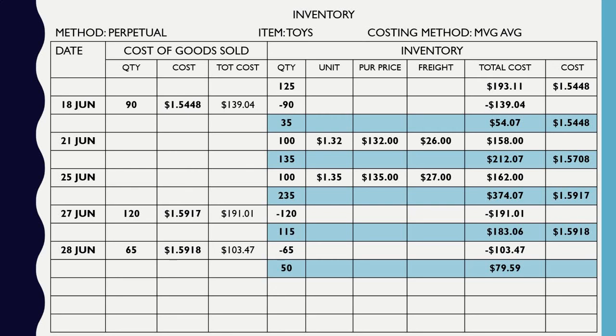Now I have to take this cost and spread it evenly across 115 items. Because the total cost is changing, your average cost will change.